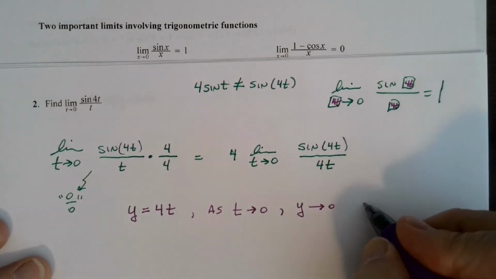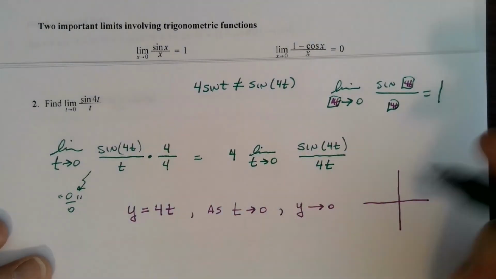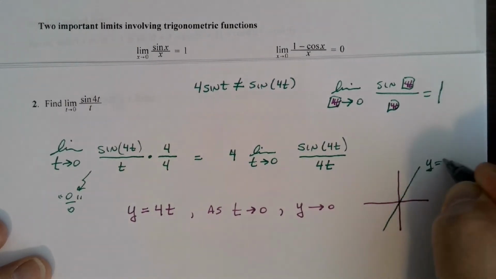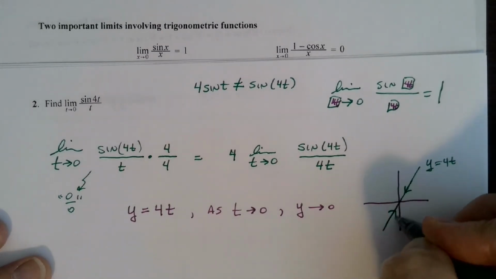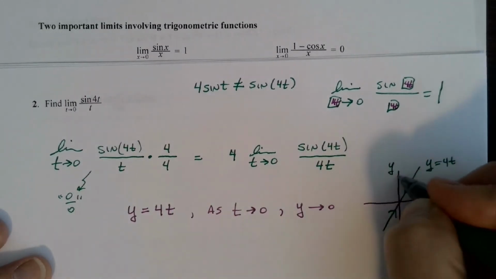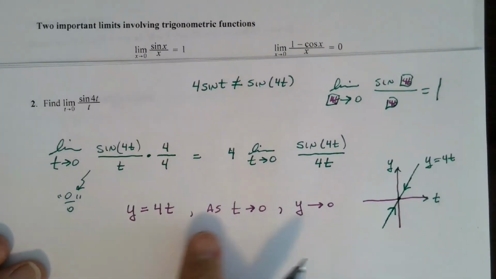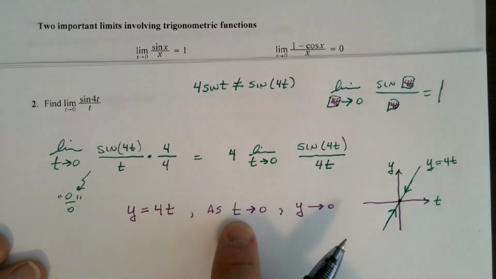If I were to graph y equals 4t, with the t-axis and the y-axis, as t goes to 0, we're going right to 0. Both the functions t and 4t go to 0. So in other words, as t goes to 0, y goes to 0.